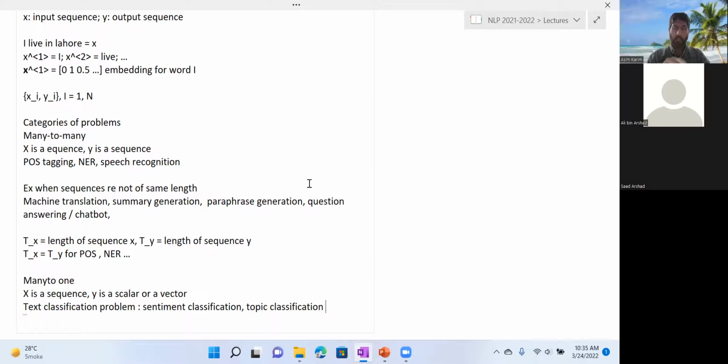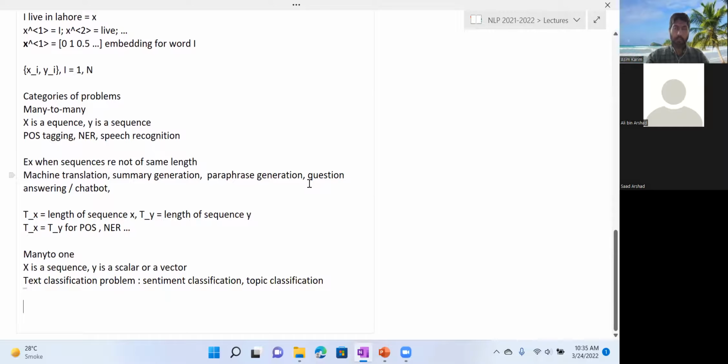So the input is a sequence of words. The output is a label from a possible set of labels, like say topics, politics, sports, and so on. So this is again sequence modeling. Why? Because the input is a sequence. Okay.